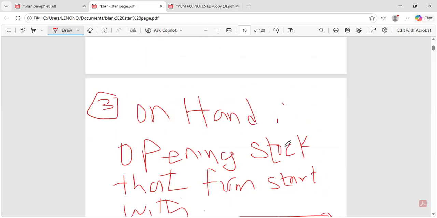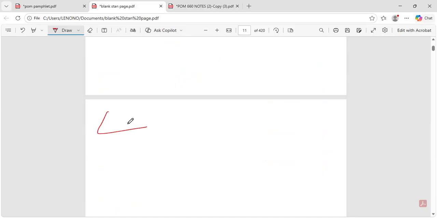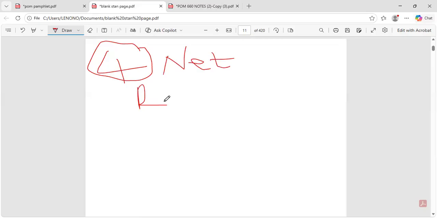Then component number 4 is net requirements.